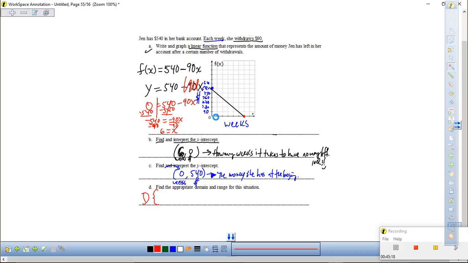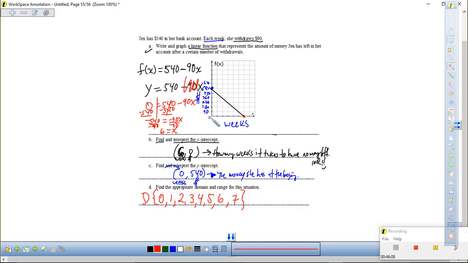So, what would be my X values for this situation? What is it? 1 through 7. Does it include 0? Yes, it does, because if we include it, it has to be here, right? So the domain is from 0, 1, 2, 3, 4, 5, 6, and 7.